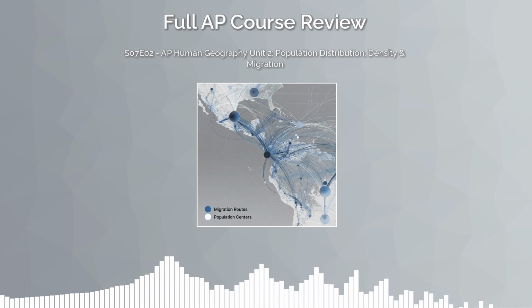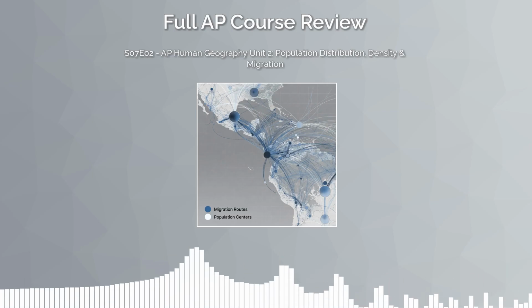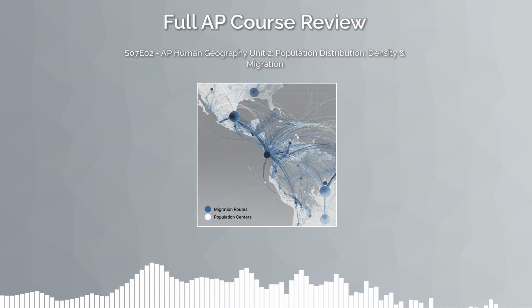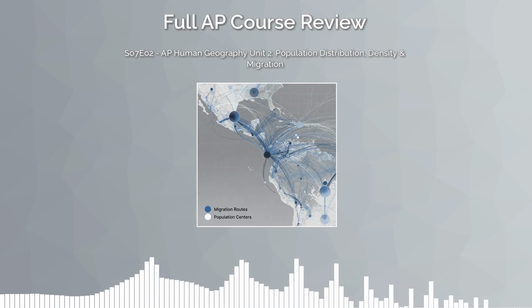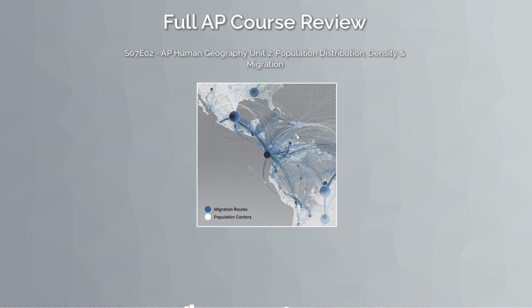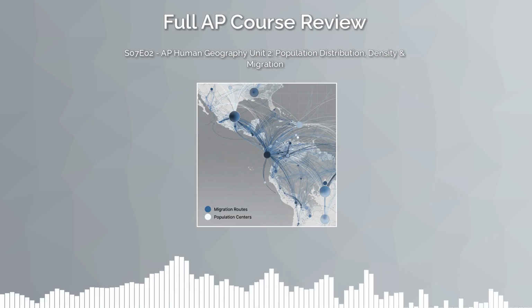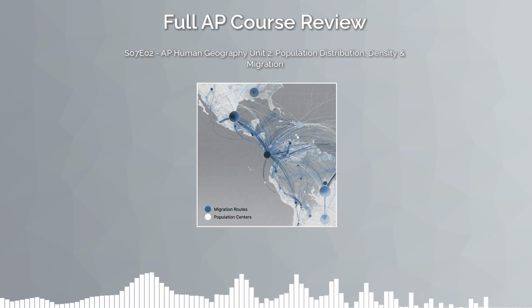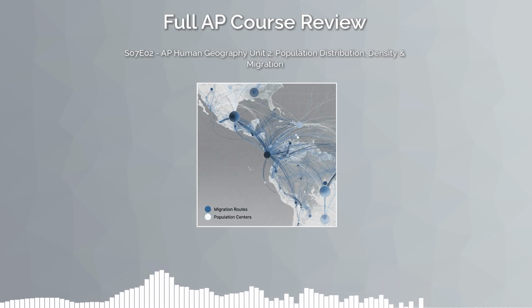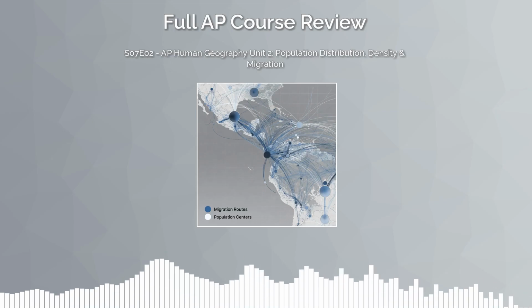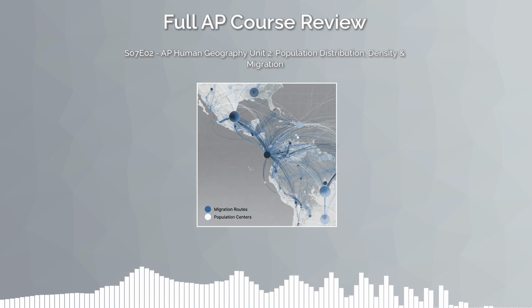When you see a pyramid like this on the exam, your brain should immediately fire off several connected ideas: low total fertility rate, low natural increase, high life expectancy, high elderly dependency ratio, and likely a stage 4 or stage 5 country on the demographic transition model. That connection to the demographic transition model is crucial for the FRQ.